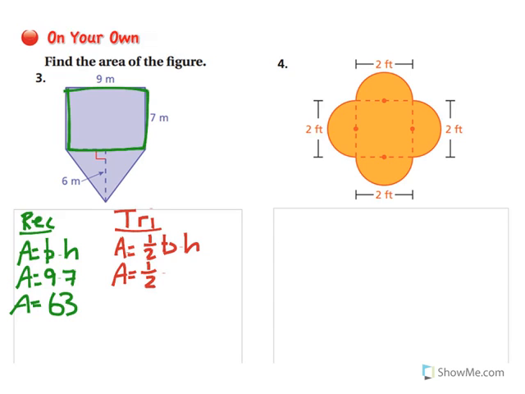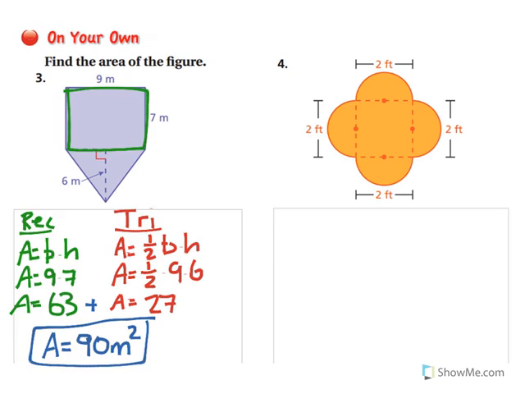So it's going to be 9 times 6. And I multiply that, I get 27. And if I add these together, I will get area equals 90 meters squared. That's all you do for that area.